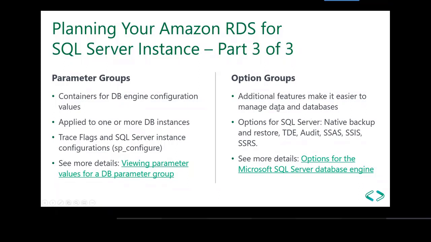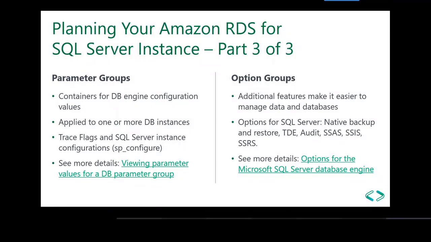An option group. These are options that specify how options work. When you associate a DB instance with an option group, the specified option settings are enabled for that DB instance.